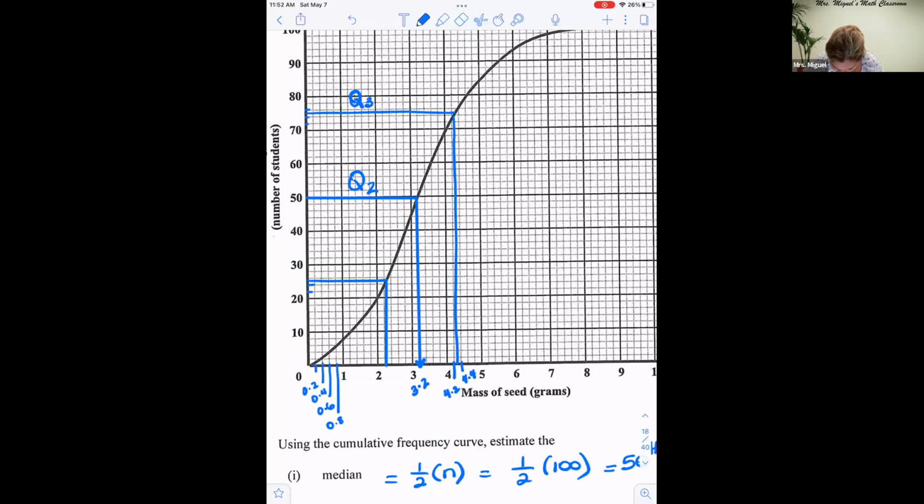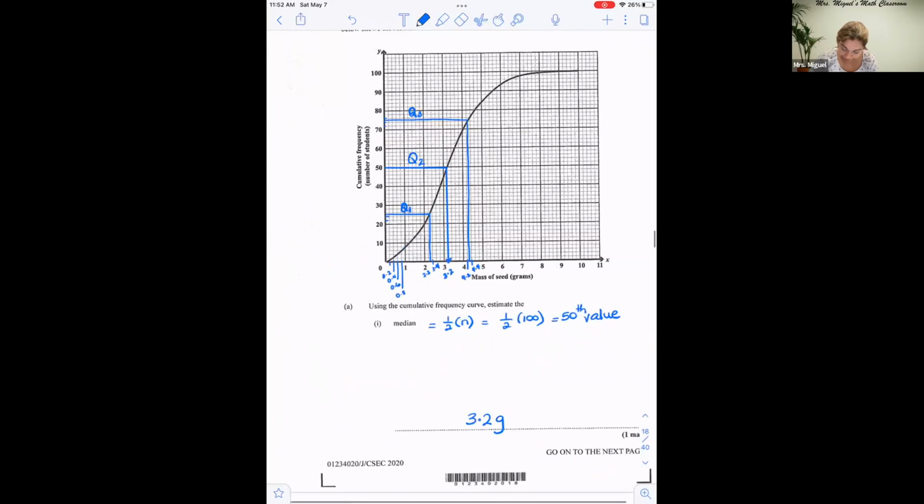This one falls in the middle. So this is 2.2, 2.4. What is midway in between 2.2 and 2.4? 2.3. Yes, very good, 2.3.